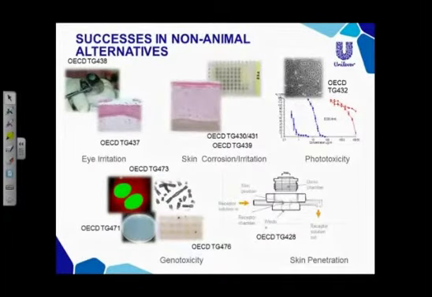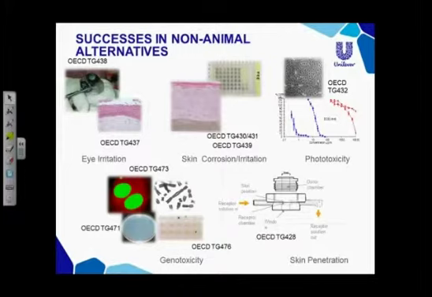And certainly in the personal care world and the consumer products world, there have been a number of successes in recent decades in using non-animal alternatives. And there really are no excuses now to be squirting products into the eyes of rabbits to look at eye irritation, or trying to assess the corrosivity or irritation on skin.